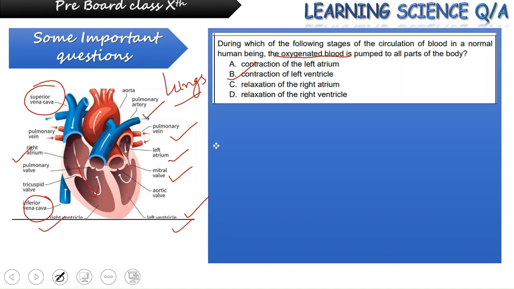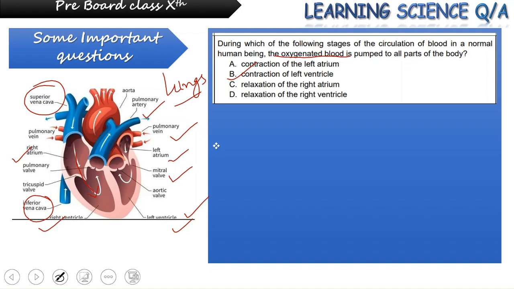Always remember, arteries are the blood vessels which carry blood from the heart towards the body parts or towards some specific organ. So, here pulmonary arteries are named so just because they are carrying blood, whether deoxygenated or oxygenated, from the heart towards the lungs.